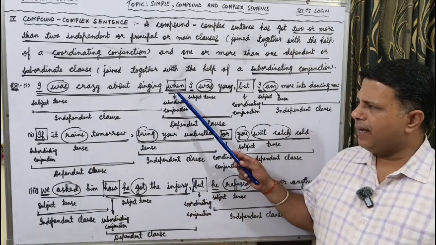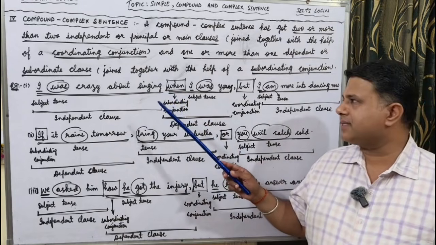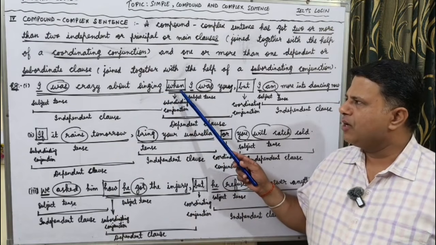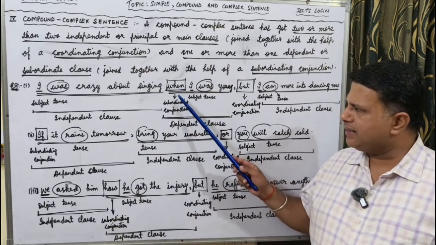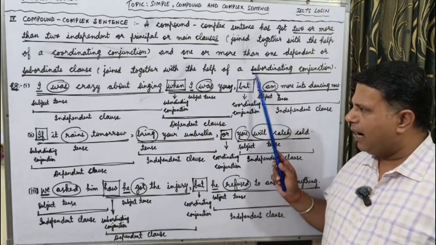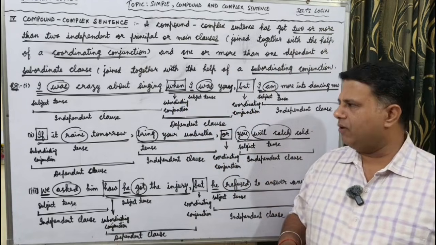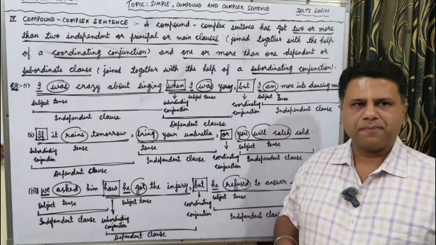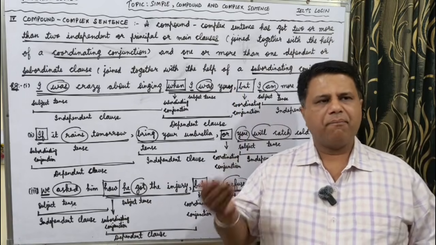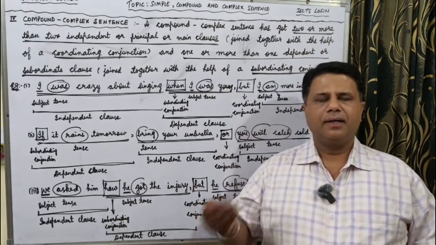You must notice one interesting thing, I have already told you earlier also. The subordinating conjunction is part of the dependent clause, and the coordinating conjunction is out of the clauses, it is not part of any clause. The coordinating conjunction is out of the clause, the subordinating conjunction is part of the subordinate or dependent clause.